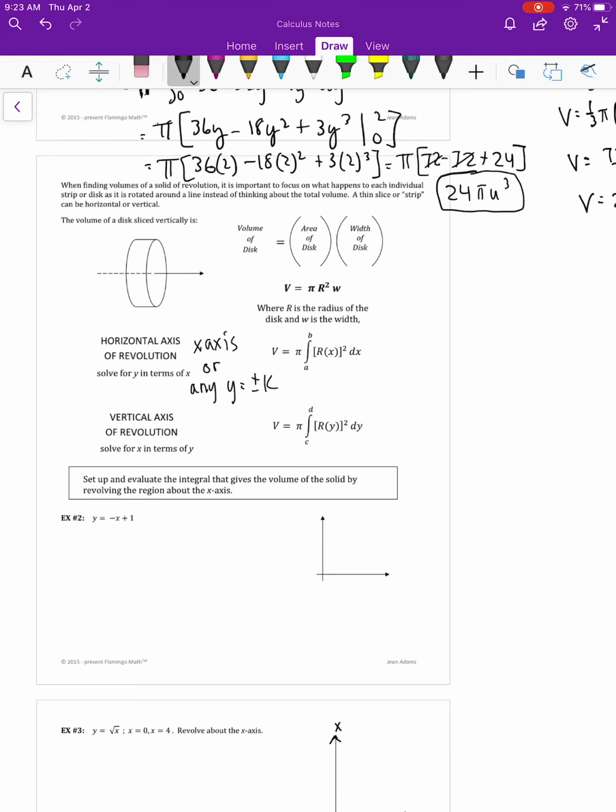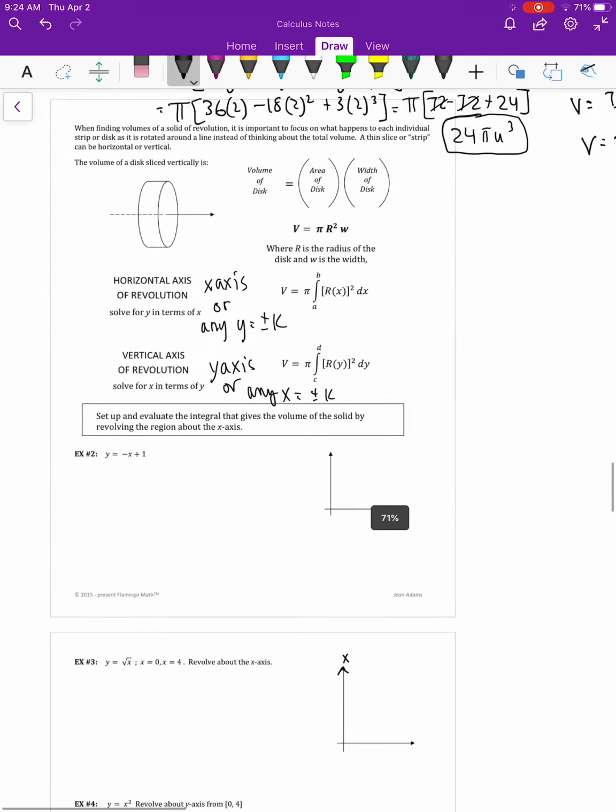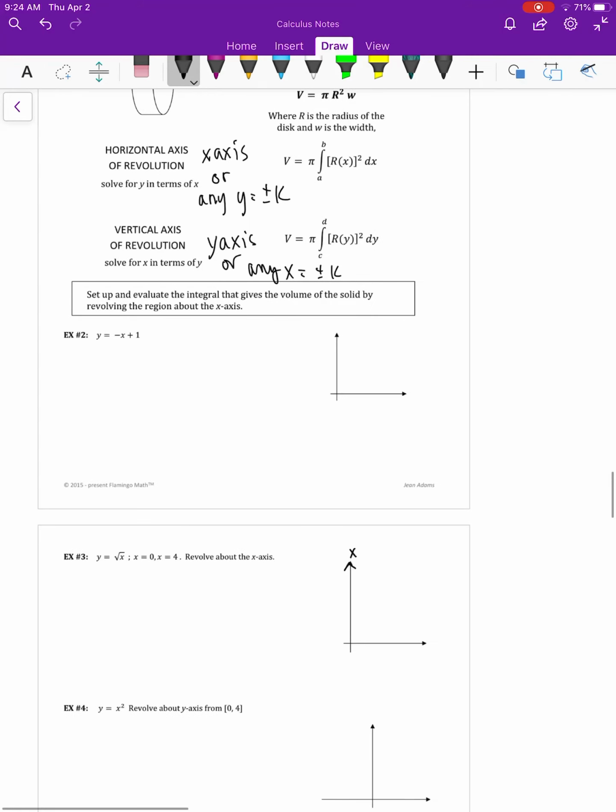A vertical axis of revolution would be the y-axis or any x equals plus or minus k. So they might say revolve it around x equals 2 or revolve it around x equals 1. We're going to practice those as a separate lesson, but just so that you know, this definition is going to work for any of them.